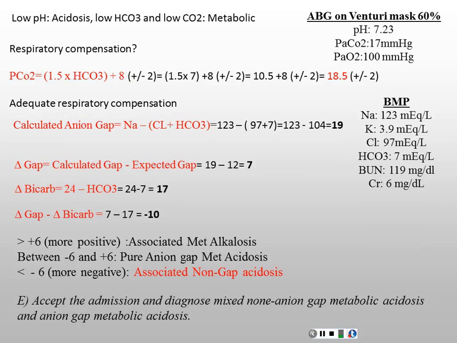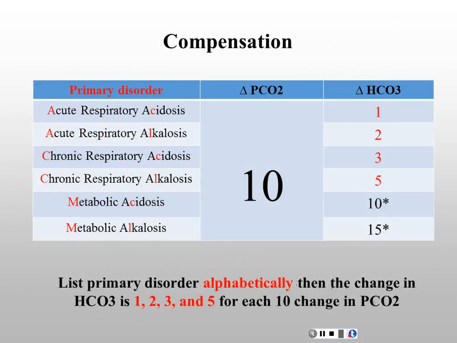mixed acid-base disorder. For compensation, Winter's formula, you have to remember it, and the other easy way to remember, if you make this table here, this is an alphabetic table. If you see the A before the C before the M, so acute, chronic, and then metabolic acidosis or metabolic alkalosis. The first four are the respiratory disorders.